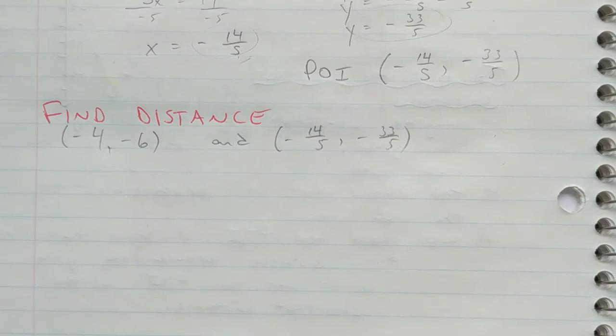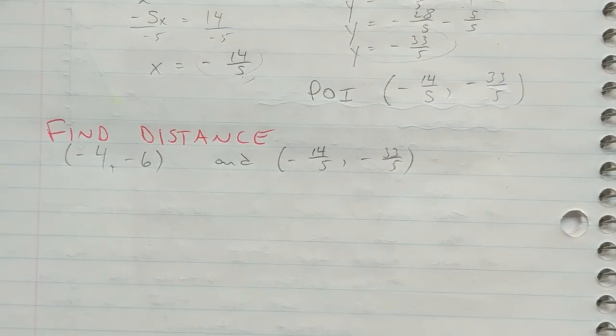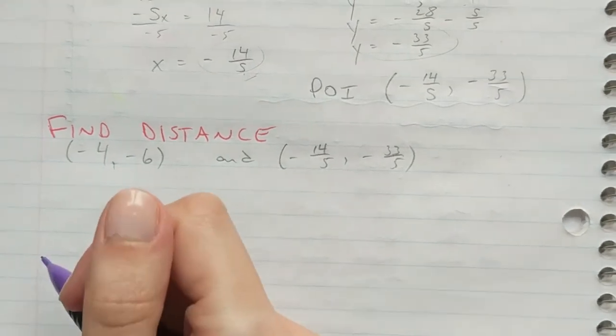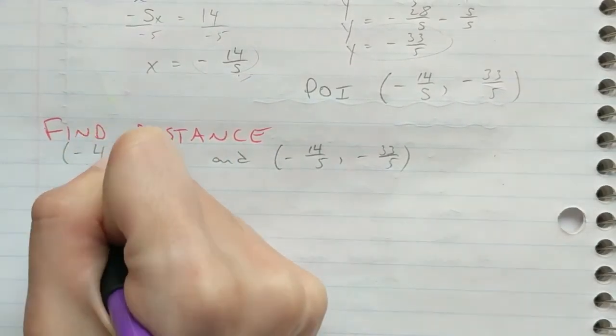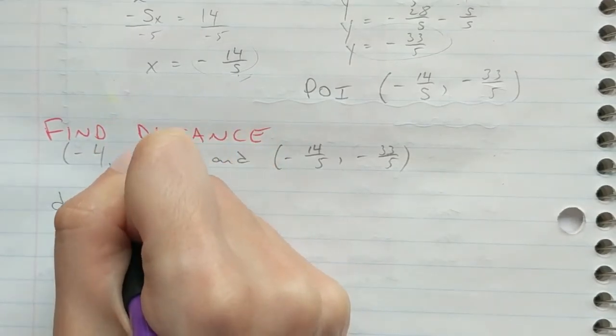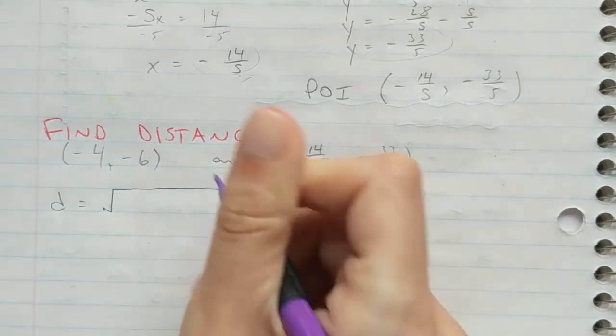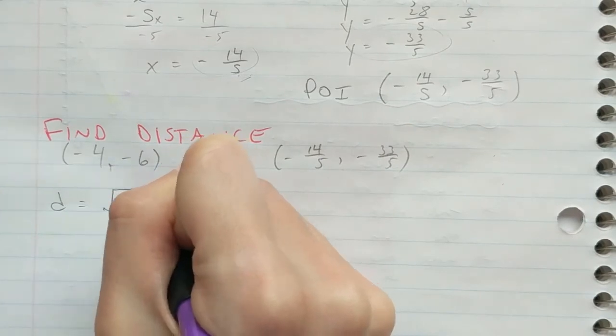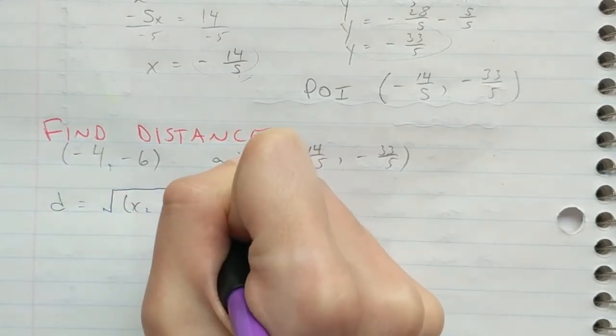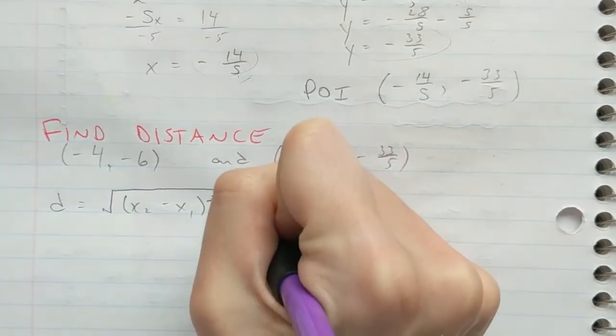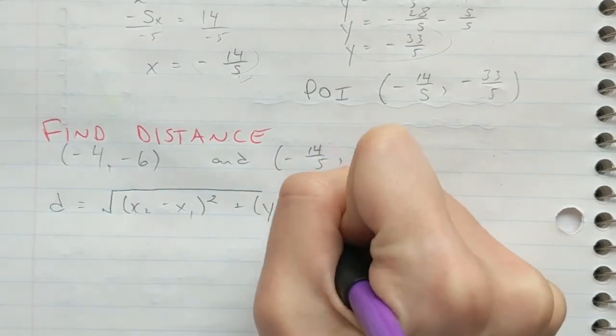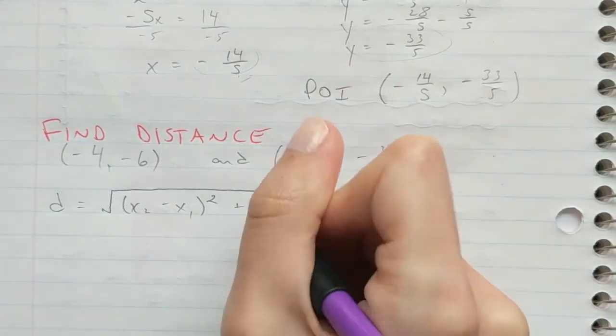We are not dealing with an equation yet here. This is our application for our distance formula. Our distance formula, d, is equal to the square root of x2 minus x1 squared plus y2 minus y1 squared.